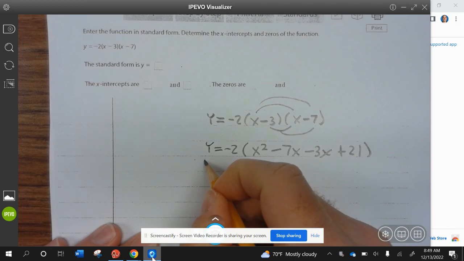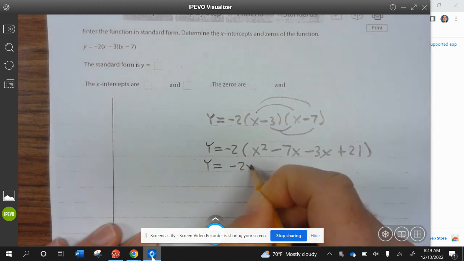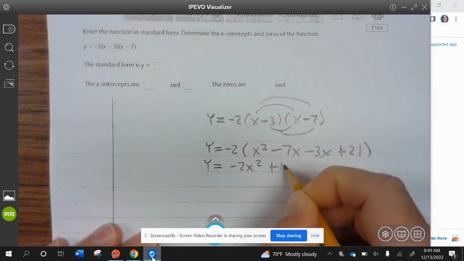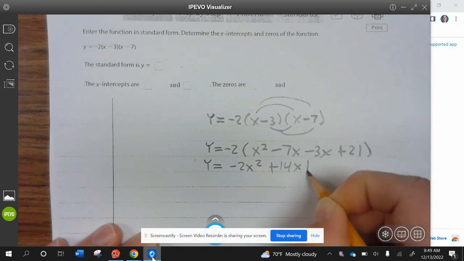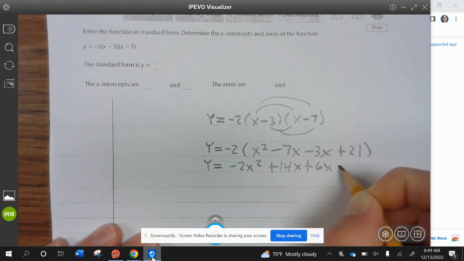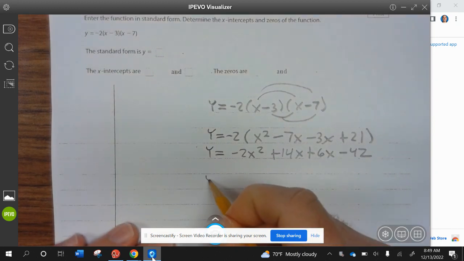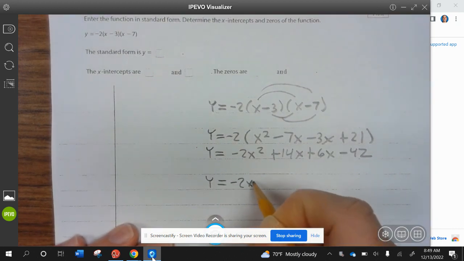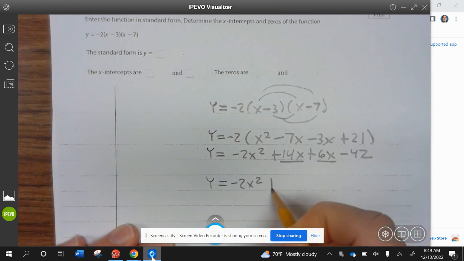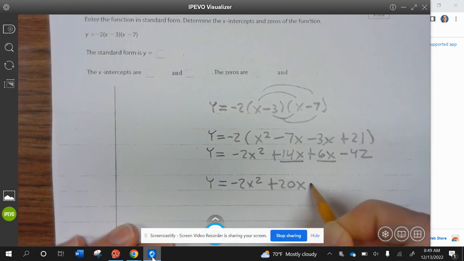Now multiply by negative 2, so that's y equals negative 2x squared plus 14x plus 6x minus 42. Let's combine the x's, plus 20x minus 42.